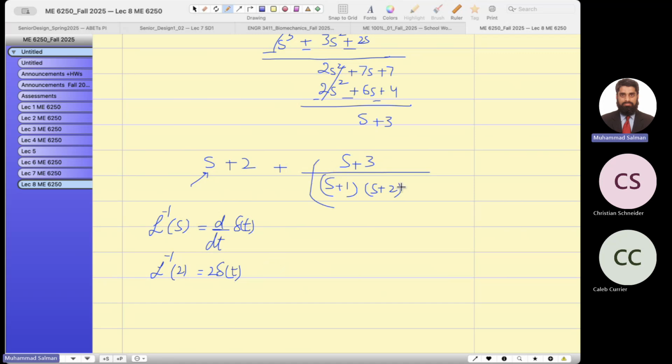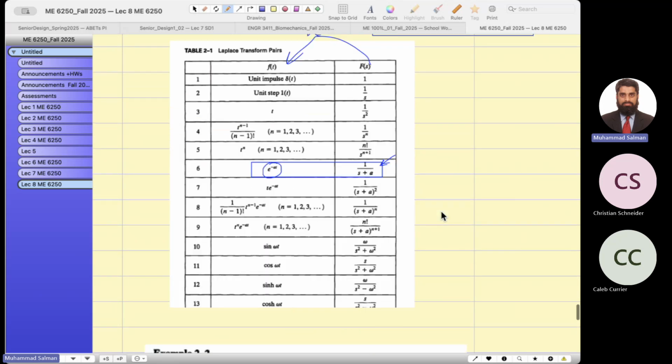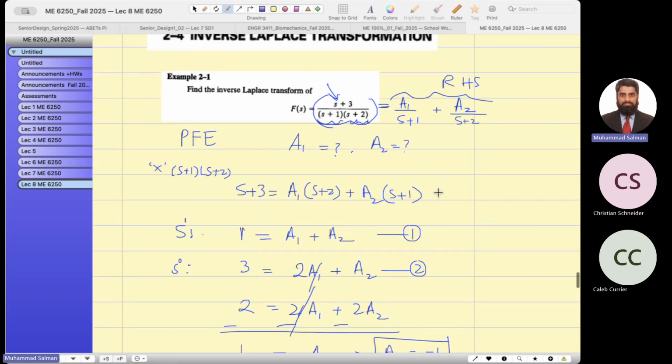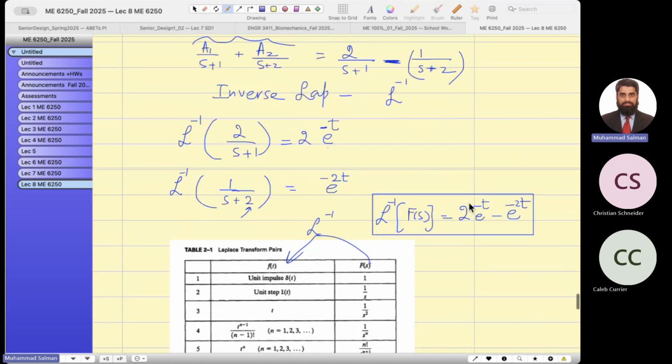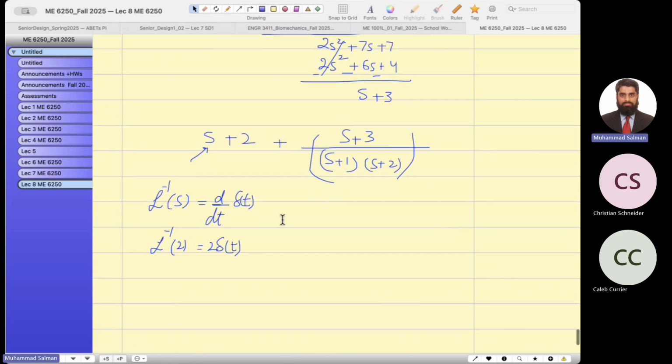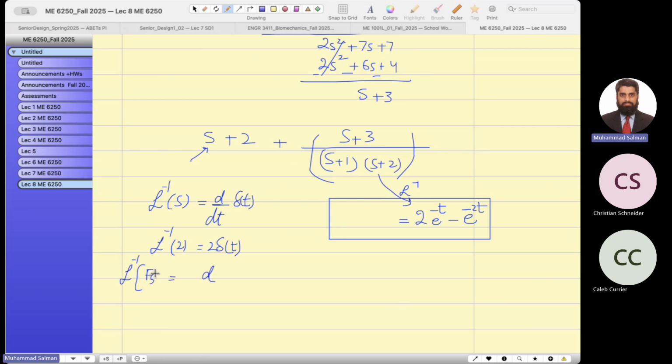And for this one, we just solved this question. I believe we just solved this question, right? Yes. s plus 3. So I can write this down again, and this is my answer for that term over here. This is the Laplace inverse. So I can write down the whole equation, the inverse Laplace of this function.